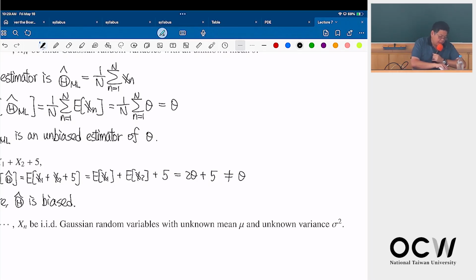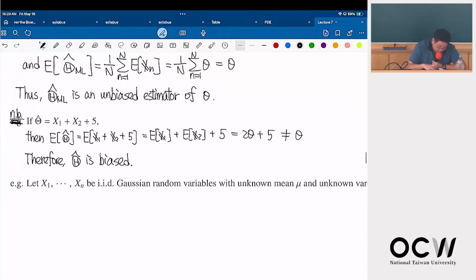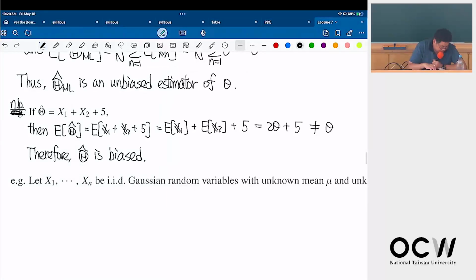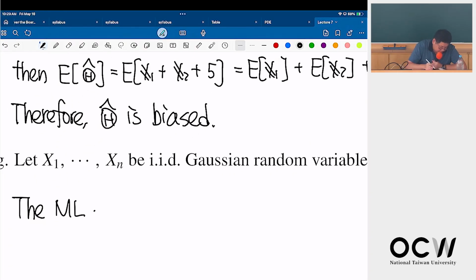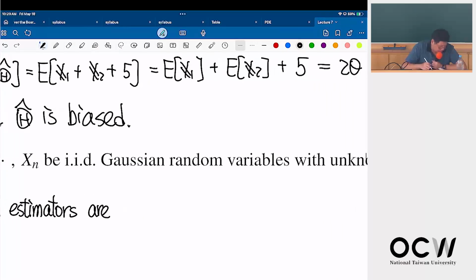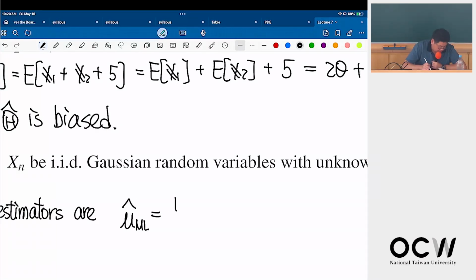Then our maximum likelihood estimators are, for the mean, 1 over N summation n from 1 to capital N, xn.